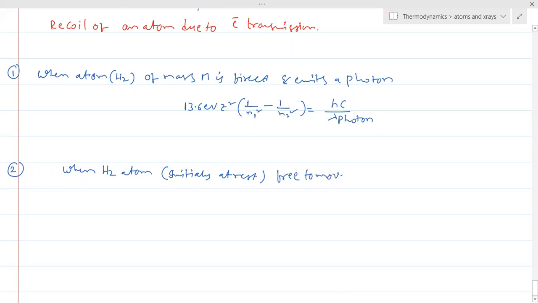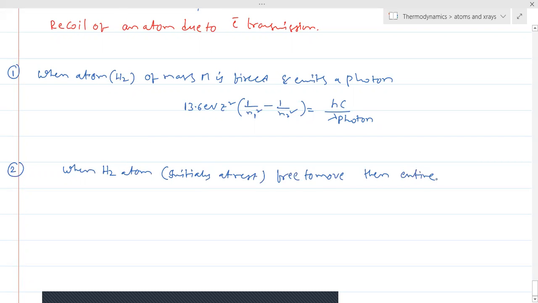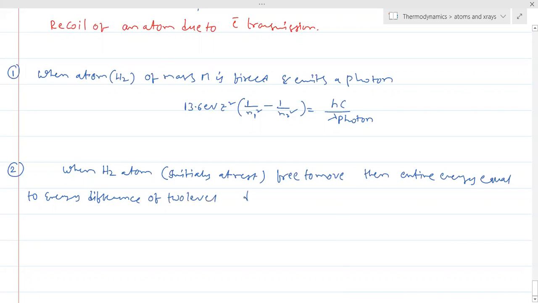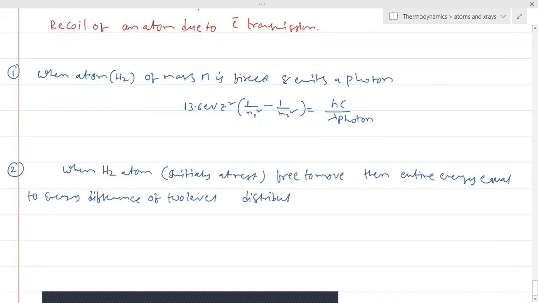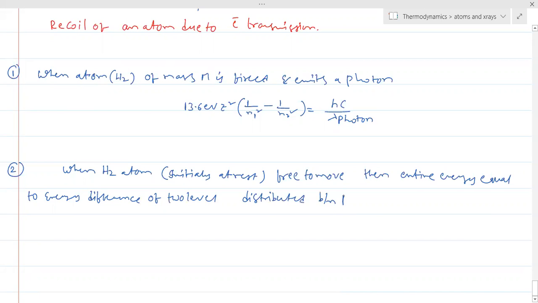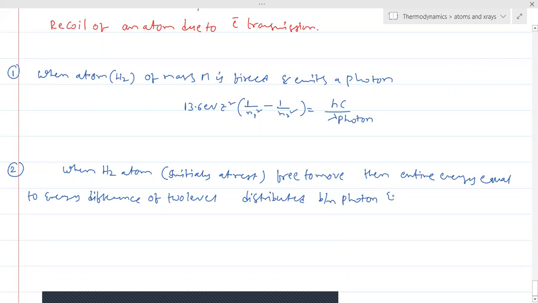If it is free to move, then the entire energy, which is equal to the energy difference of the two levels, is going to be shared between the two: it is distributed between the photon and the hydrogen atom.